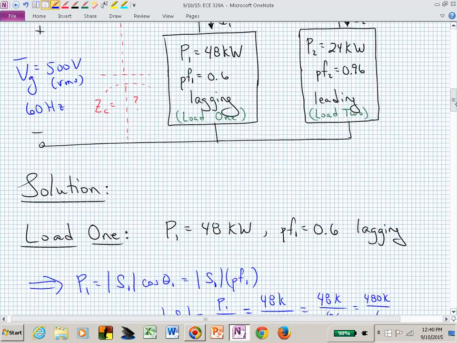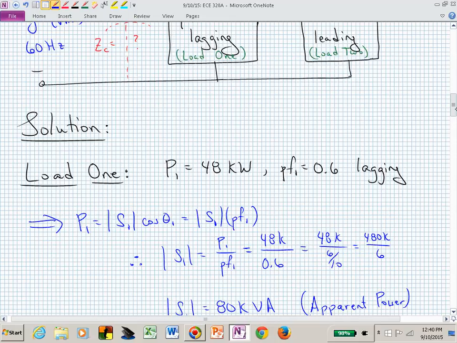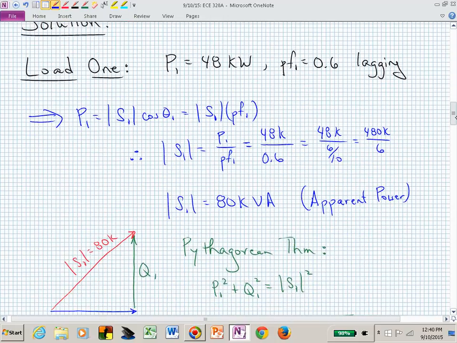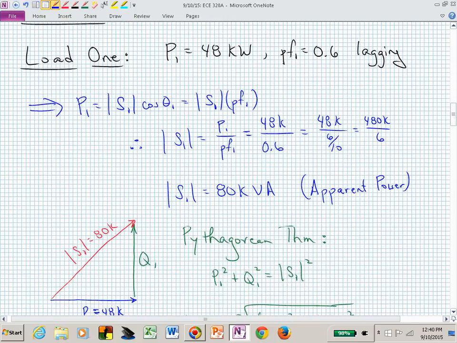Last time I gave you a quiz, and that was to find this triangle. What is that triangle given load 1 information? And we found it, last time using the Pythagorean theorem.